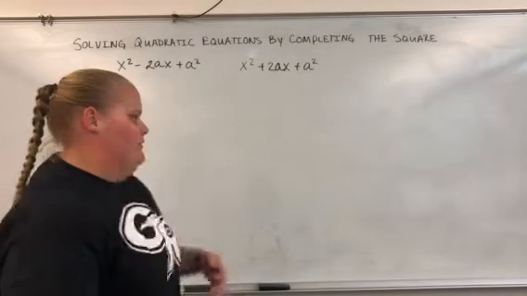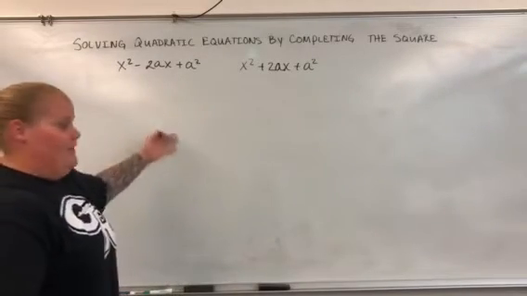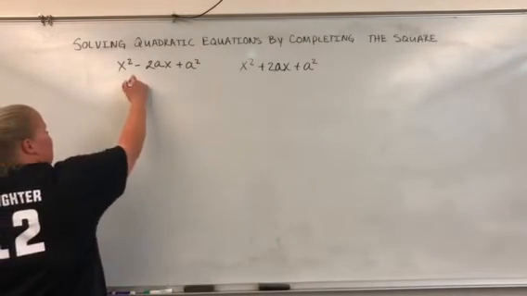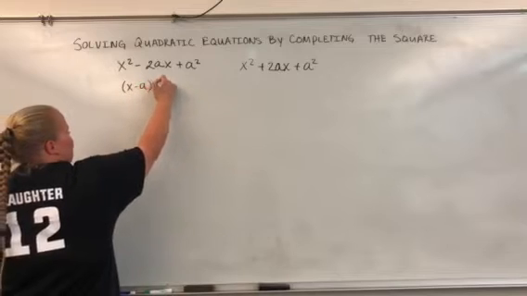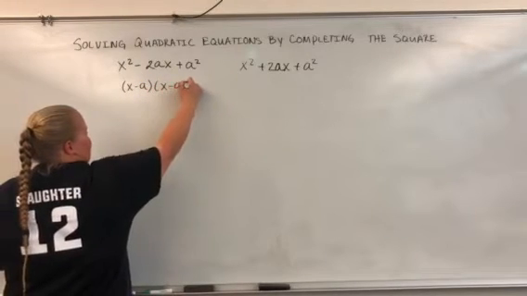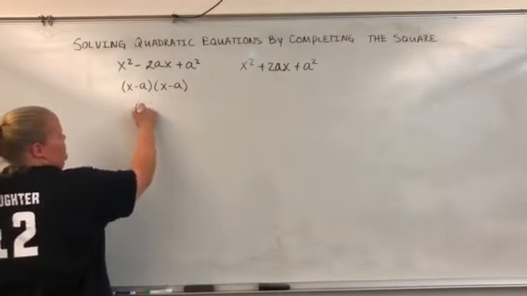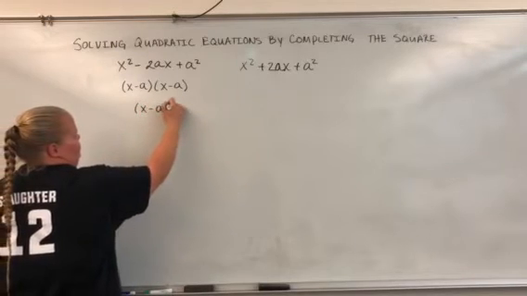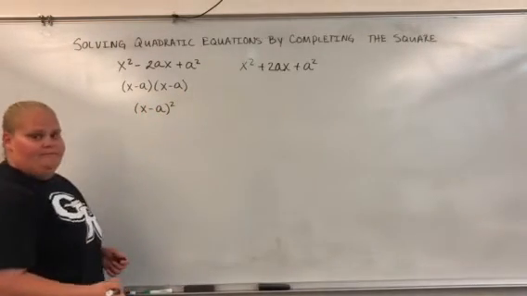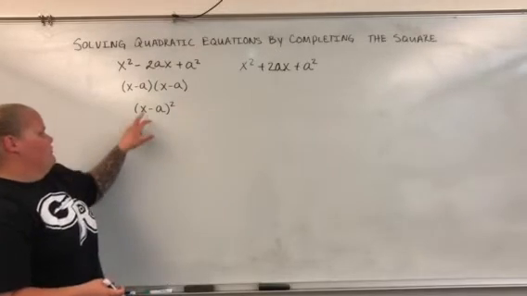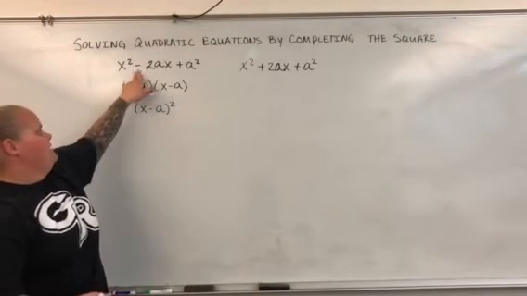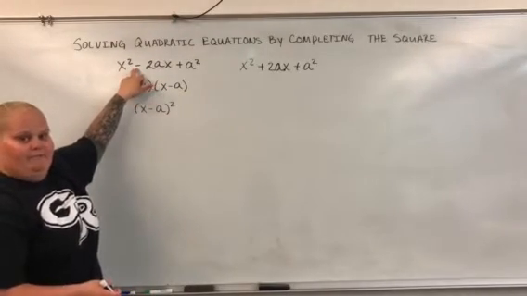Now, the factored versions of these look like this. Here we have x minus a times x minus a, which is x minus a squared. The reason that the middle term is negative here is because this middle term is negative, right?